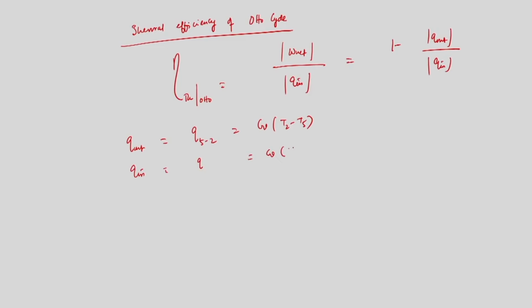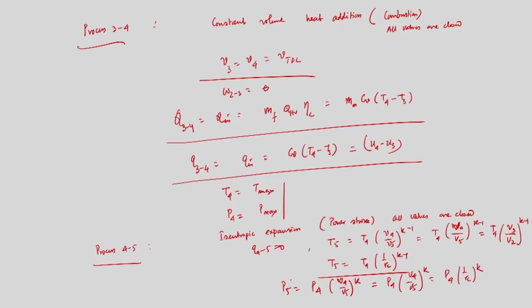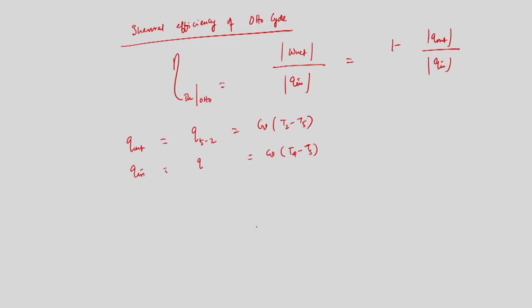So, if I plug in the value of Q out and Q in in this expression, what we are getting is 1 minus Cv into T2 minus T5 by Cv into T4 minus T3.